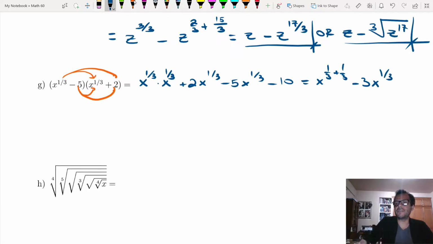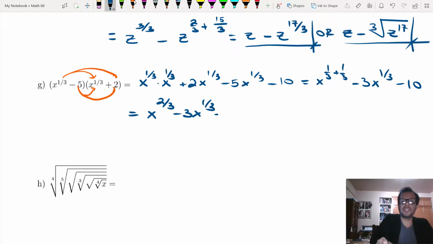And then just -10, just bring it over. And finally, just add up these powers, right? That's going to give us x to the 2/3 minus 3x to the 1/3 minus 10.